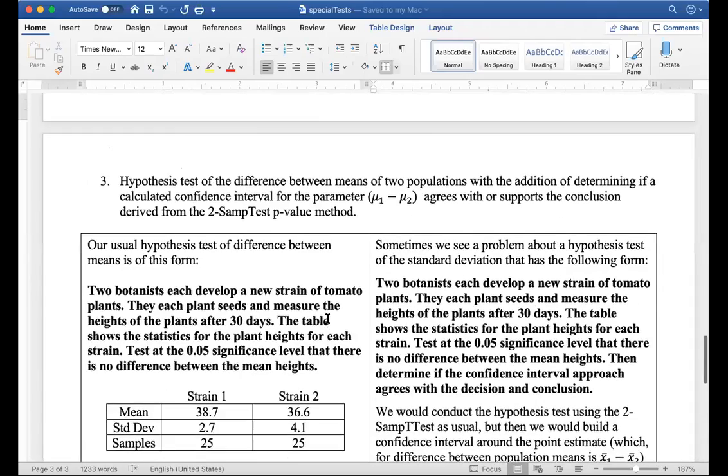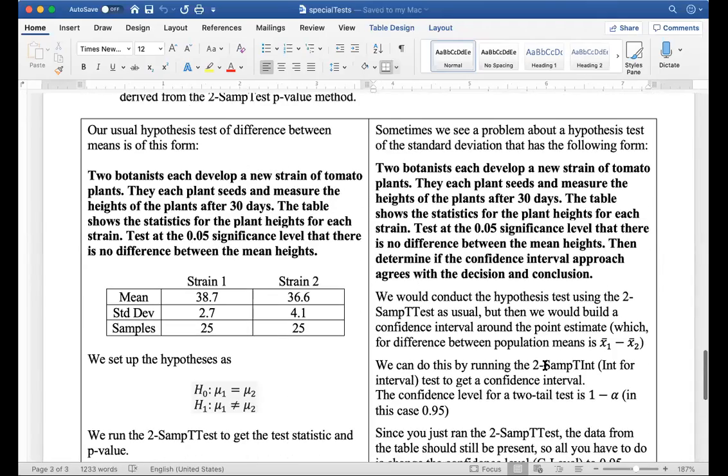Now we go back to the additional question in the test of difference between means. That is, does a confidence interval support our decision and our statement of conclusion from using the 2-SampTTest, the p-value approach?